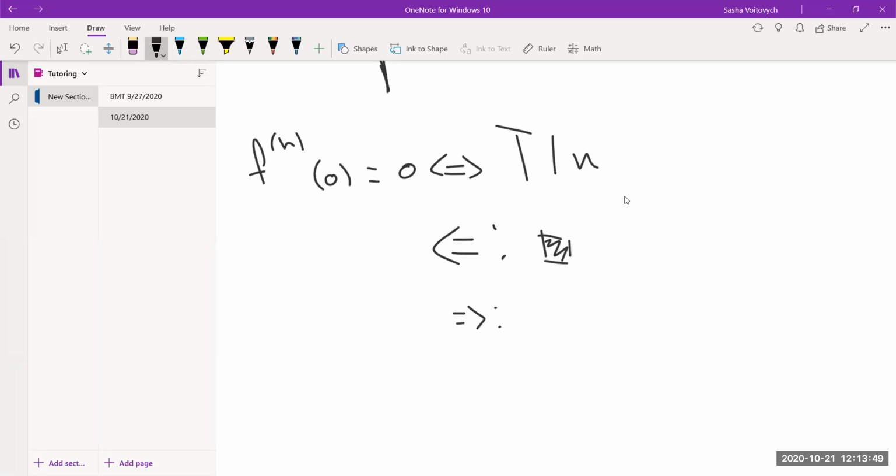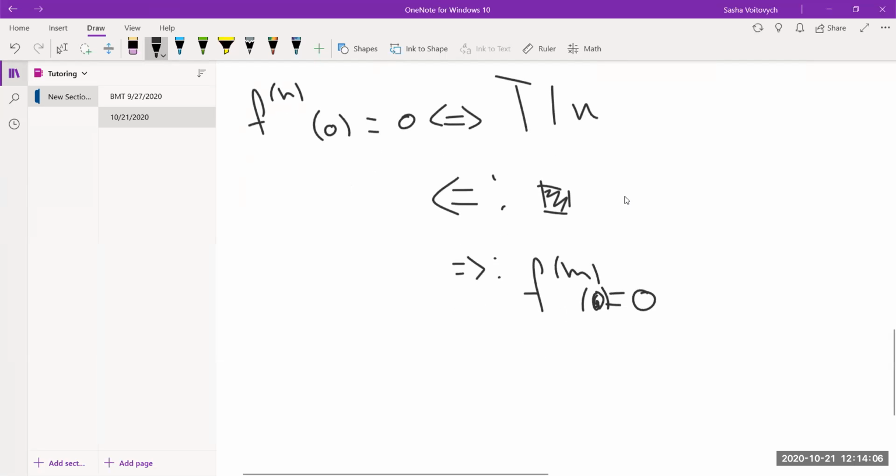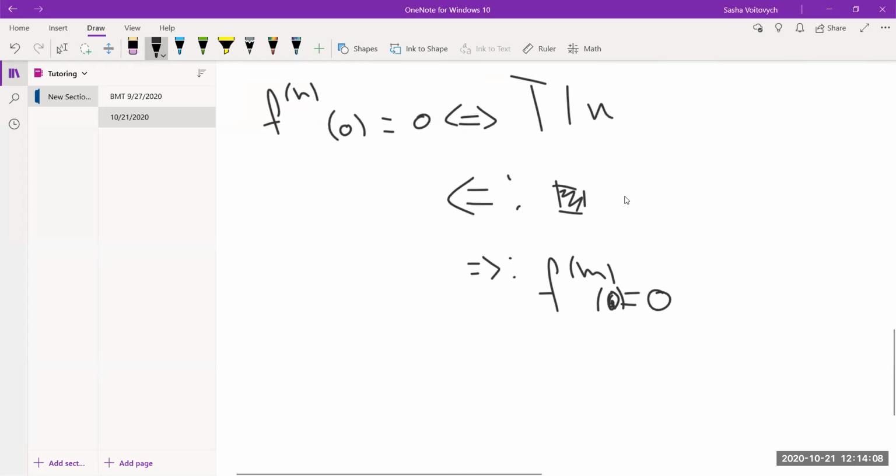So this way implication is not as obvious. So suppose there is a m such that f^m of 0 is equal to 0, and t does not divide m.